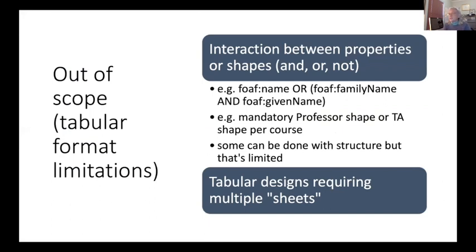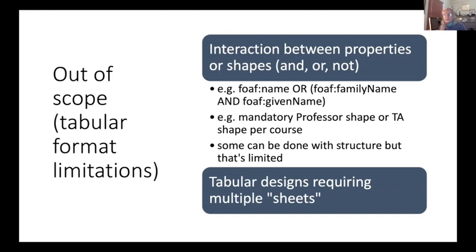There were a couple of things that we've considered out of scope, for the moment at least. Some of them have to do with the limitations of us having chosen a tabular format. We have a difficulty with any interaction between properties or shapes: the and, or, and not. When you have a tabular format, it's very hard to refer back to another one and say, it's this one or that one.